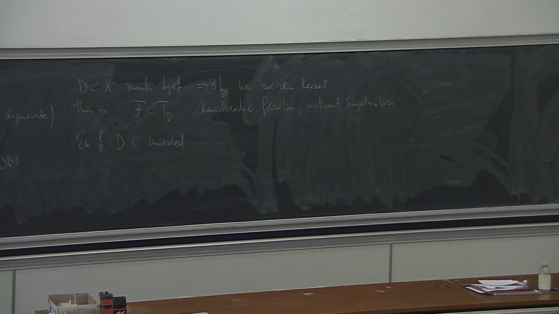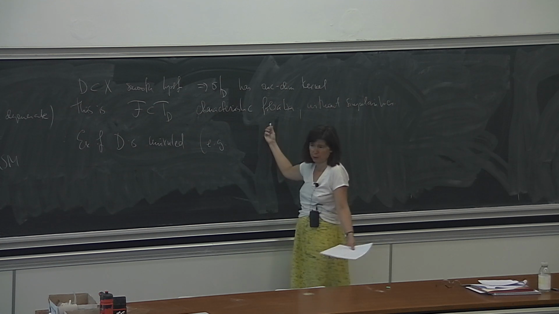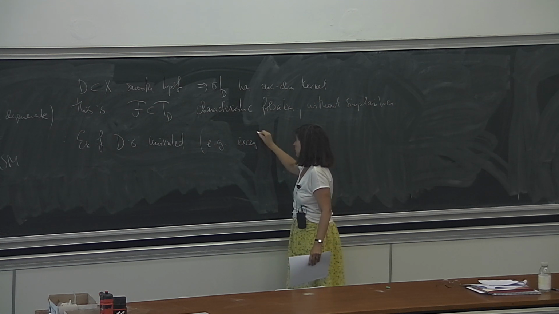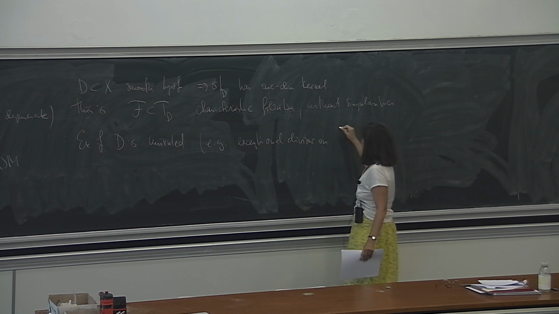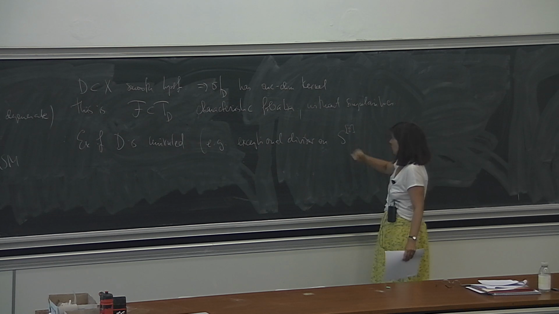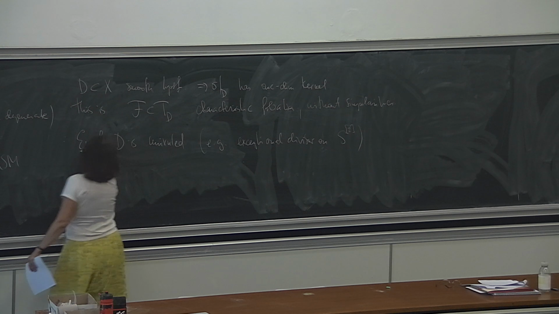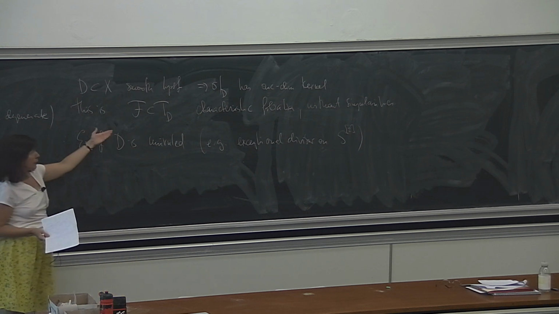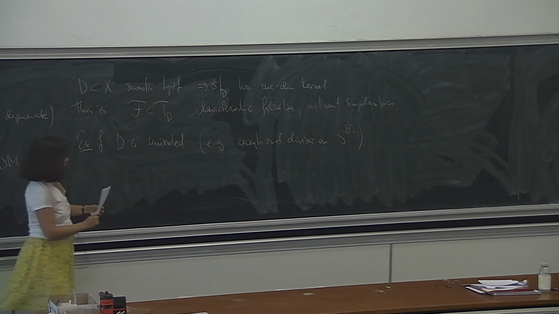You can consider, for instance, the exceptional divisor of the Hilbert-Chow morphism on the Hilbert square. Then the leaves of our characteristic foliation are just rational curves.